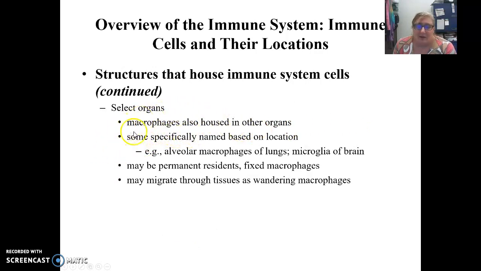I've talked about, or I just mentioned different things, but we have other organs outside of the lymphatic tissues that contain macrophages. So if you think about the dense irregular connective tissues, our areolar connective tissue, our reticular connective tissue, these had macrophages associated with them. In our integument, in the stratum spinosum, we had dendritic cells.